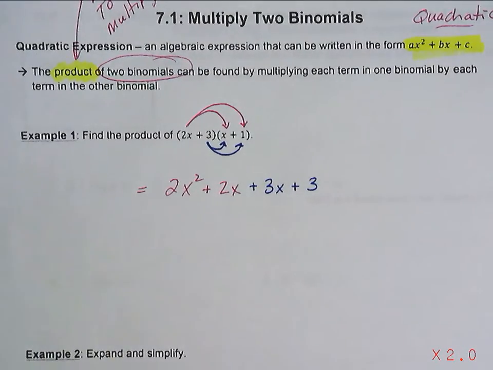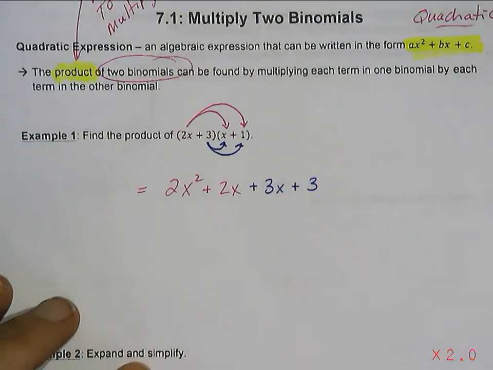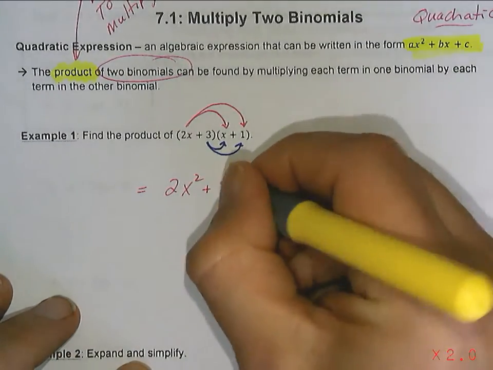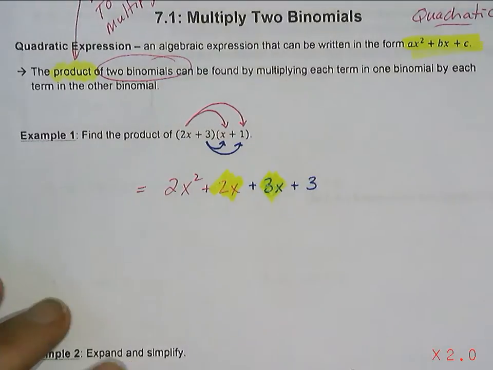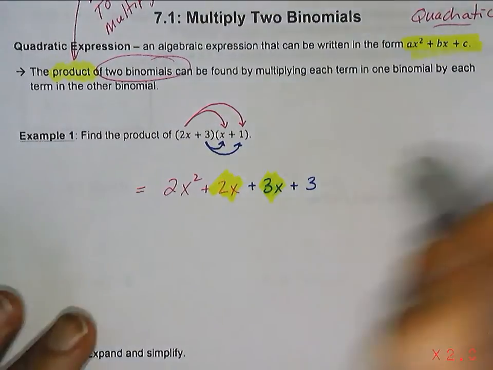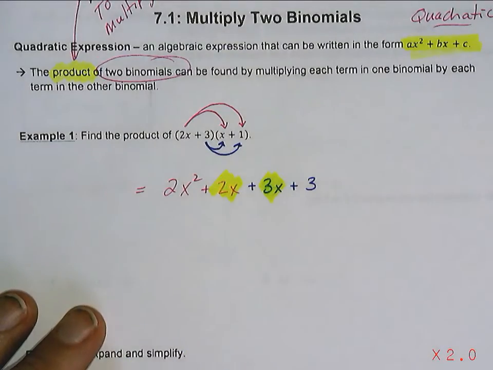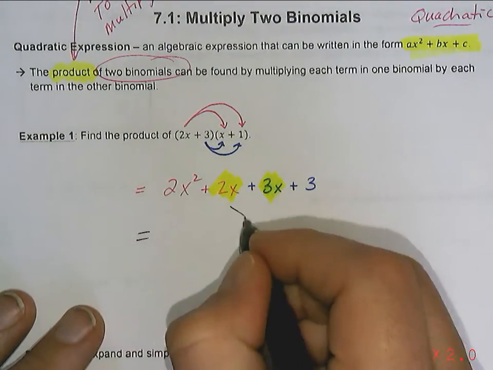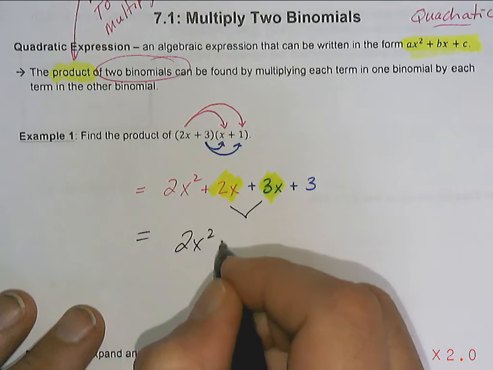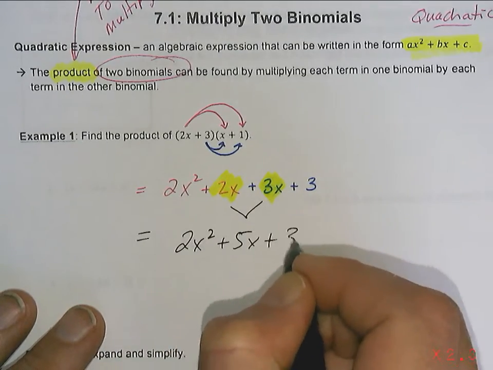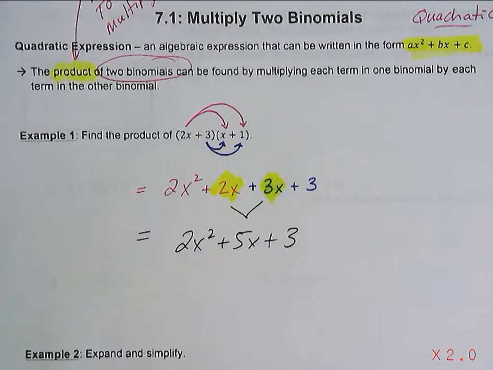So notice I ended up with 4 terms here. But 2 of the terms are like terms. The 2x and the 3x are like terms. So we can put those together to get 2x squared plus 5x plus 3. And that's the answer. Yes?